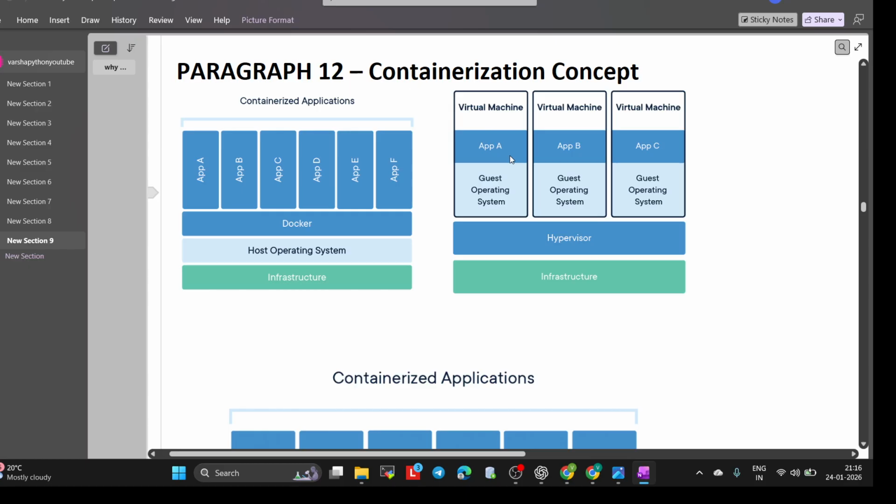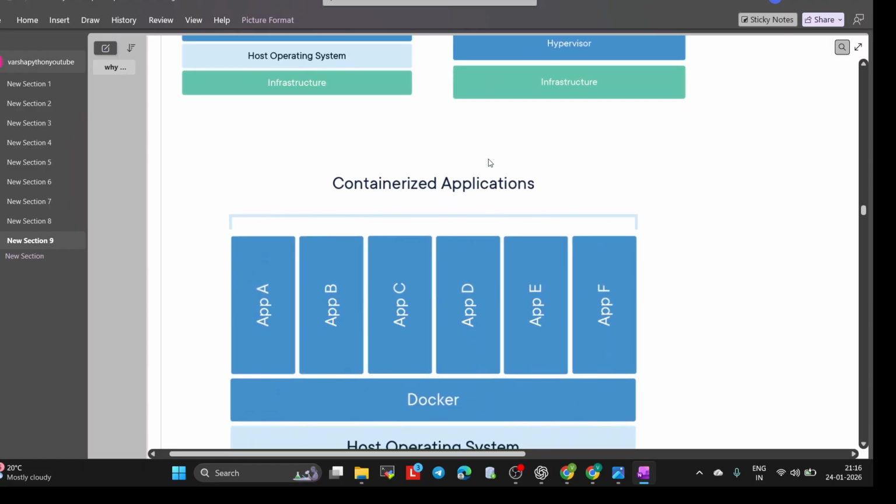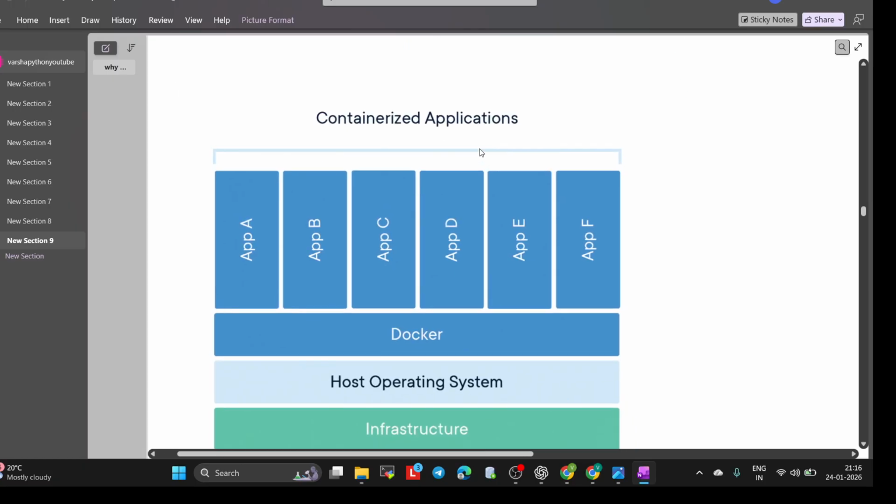But a virtual machine is hosted on a hypervisor, it is very heavy, and it has a complete operating system. So this diagram explains the concept of containerization, which is the foundation of ECS Fargate.